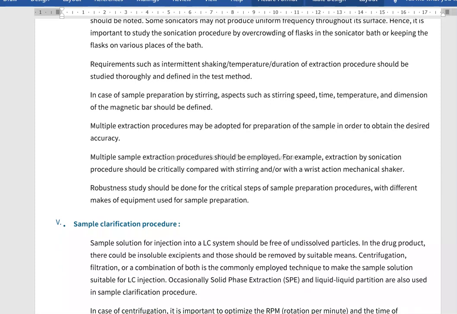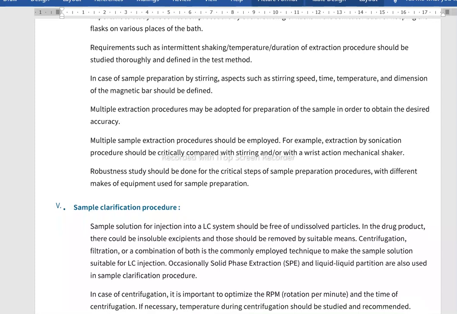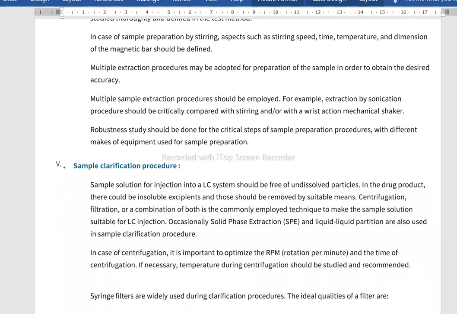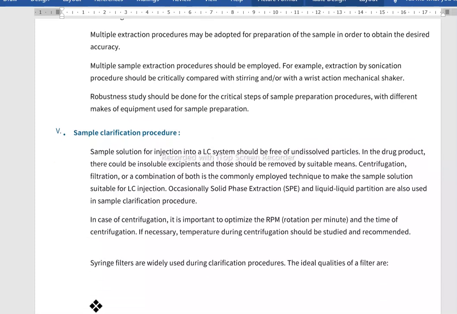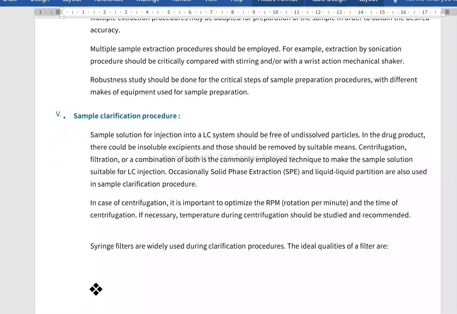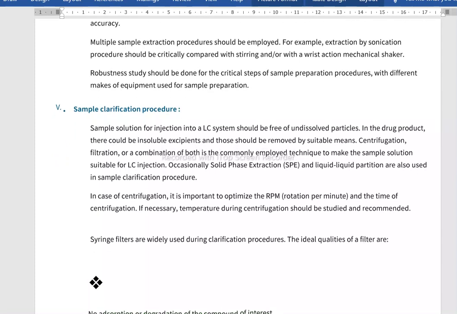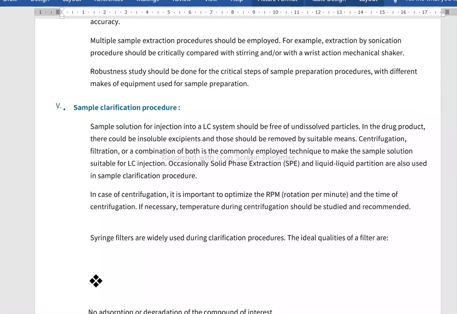In a drug product, there could be insoluble excipients, and those should be removed by suitable means. Centrifugation, filtration, or a combination of both is the commonly employed technique to make the sample solution suitable for LC injection. Occasionally, solid phase extraction and liquid partition are also used in the sample clarification procedure.